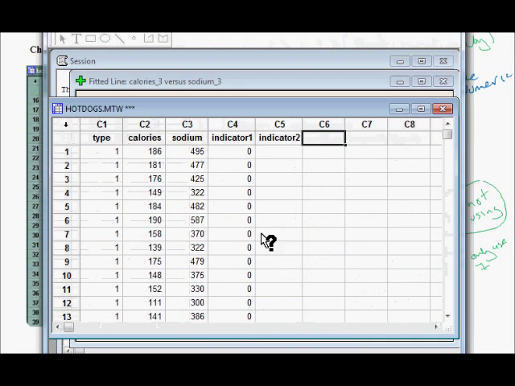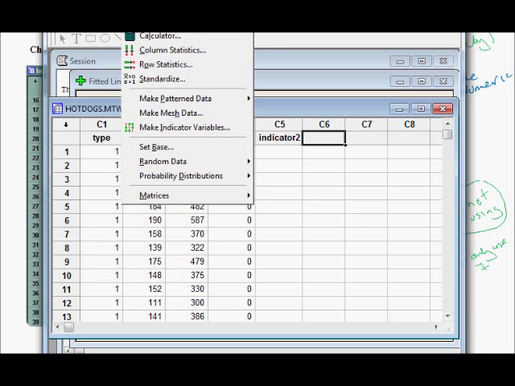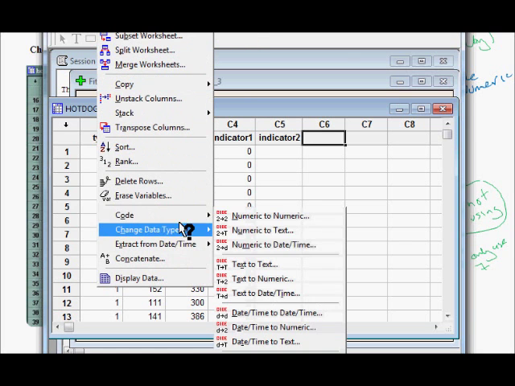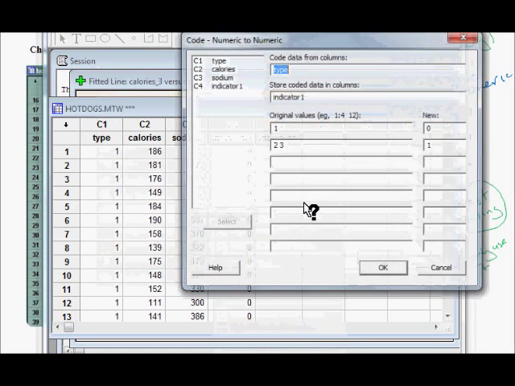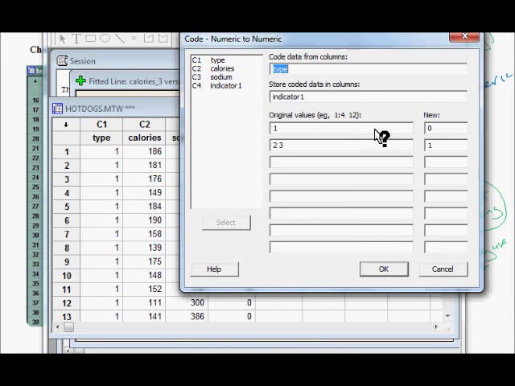And now I want to go back, and for the second indicator variable, we said 0 was now beef and meat, and 1 was poultry. So I want to go to data, code, numeric to numeric. And now the only difference is I now want 1 and 2 to be type 0 and type 3 to be 1.